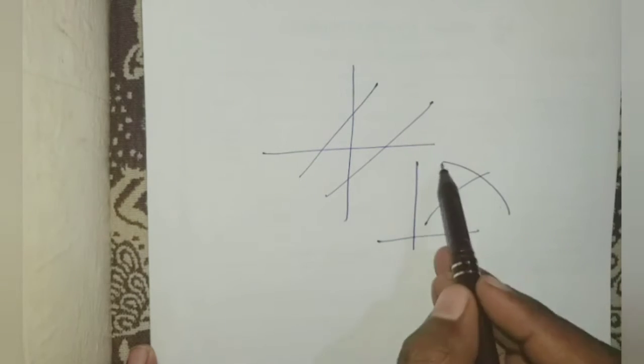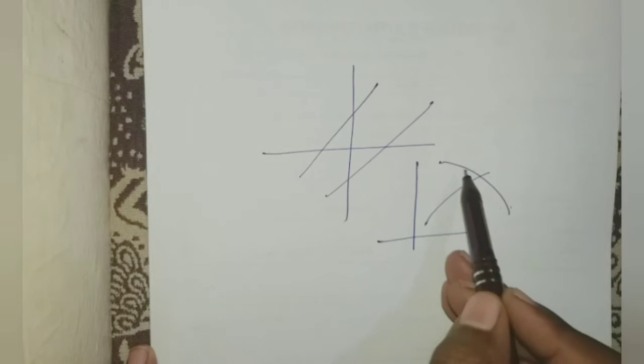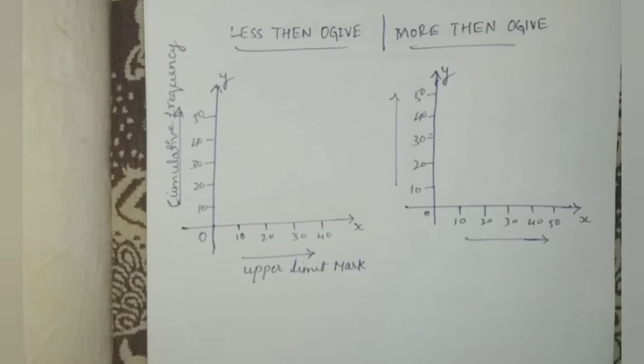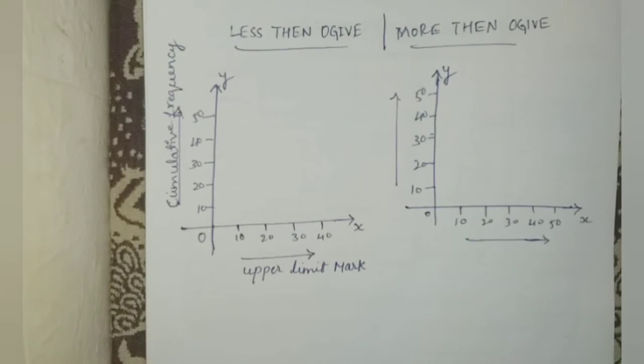So if the graph is in curve shape, then this graph is called an ogive. Any doubts? What is an ogive? Whatever graph we plot, if it is in curve shape, it is called an ogive.